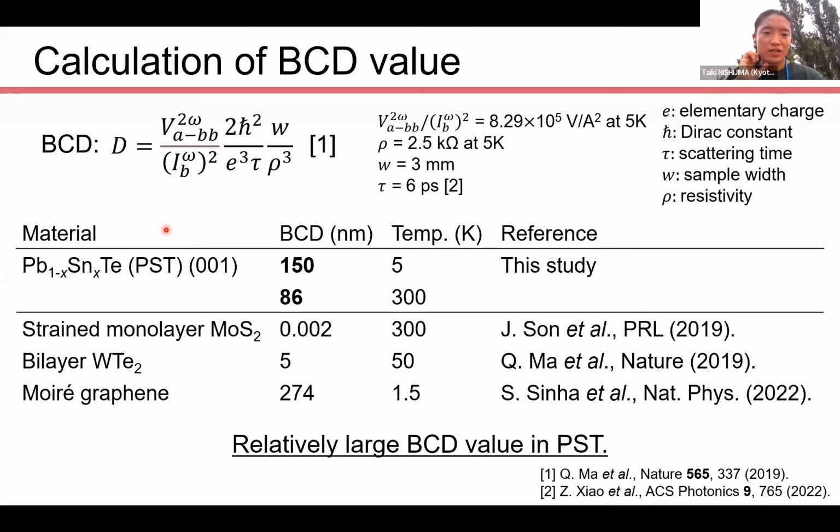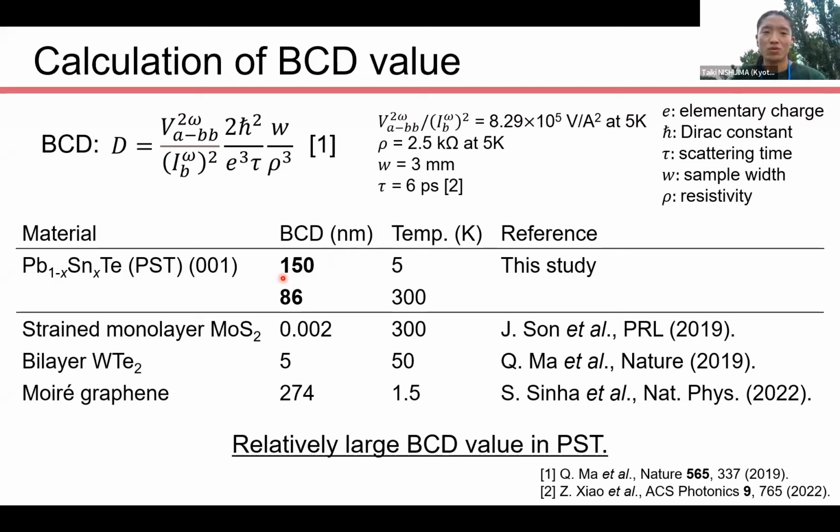Oh, I see. Well, actually, this unit of the Berry curvature dipole has a dimension of length, but it's just a unit, so it doesn't mean a thickness or something like that. So this result is not a simulated one, correct? It's not a simulated one.